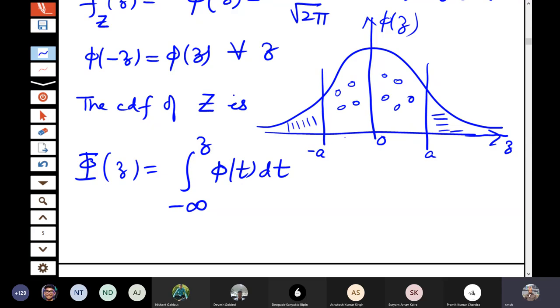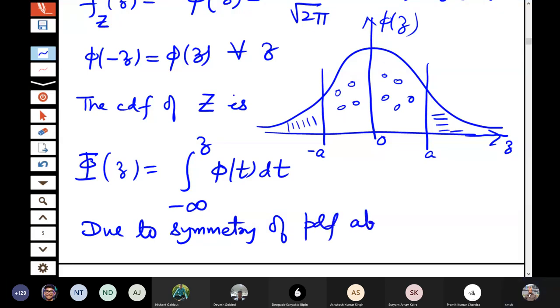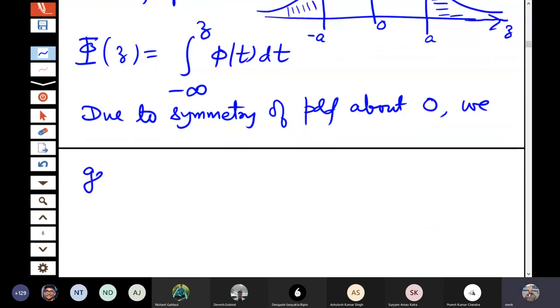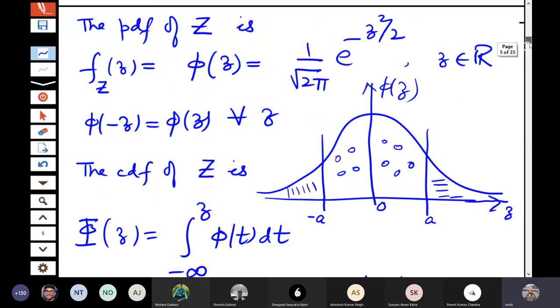Okay, from this you can conclude then, due to symmetry of PDF about 0, we get that phi of minus a is equal to 1 minus phi of A. From this diagram you see this.